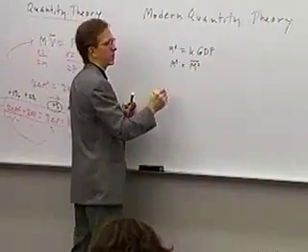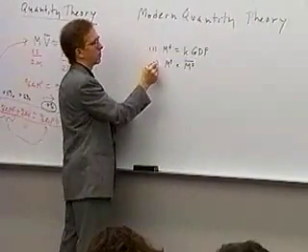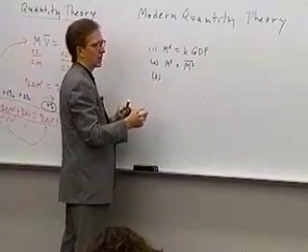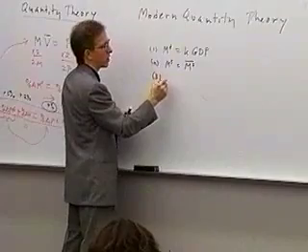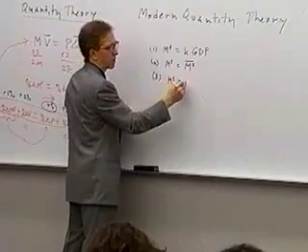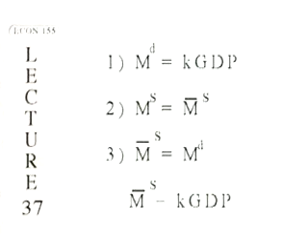And we had these numbered. There was an equilibrium condition where money supply equals money demand. So for money demand, we bring this down. The Federal Reserve's money supply equals K times GDP. That's the equilibrium condition in the economy.